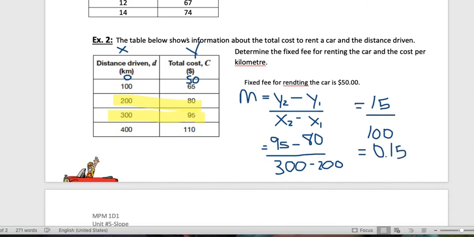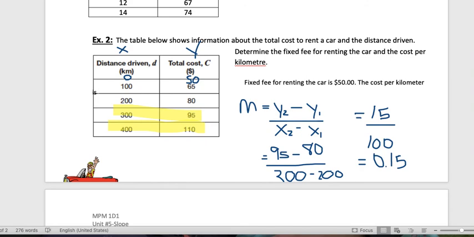So the cost per kilometer is 0.15 dollars.